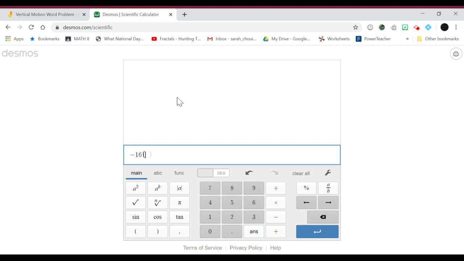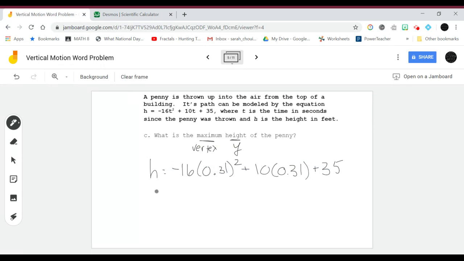So negative 16 times 0.31 squared plus 10 times 0.31 plus, it started off at 35 feet. If we round to the nearest hundredth, that's going to give us 36.56. So the maximum height is 36.56 feet.